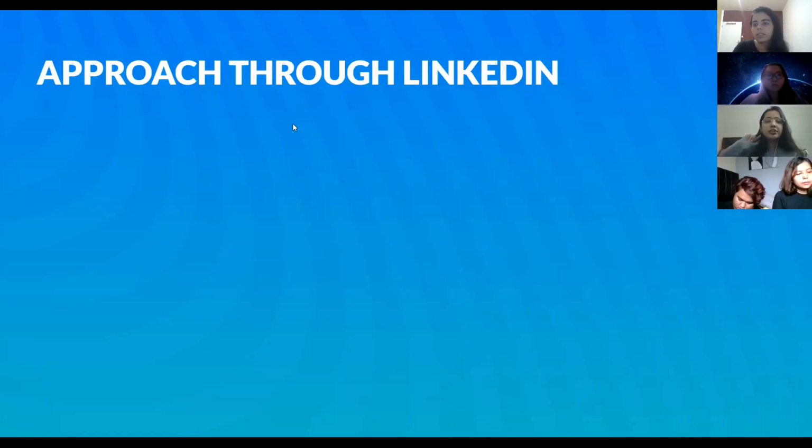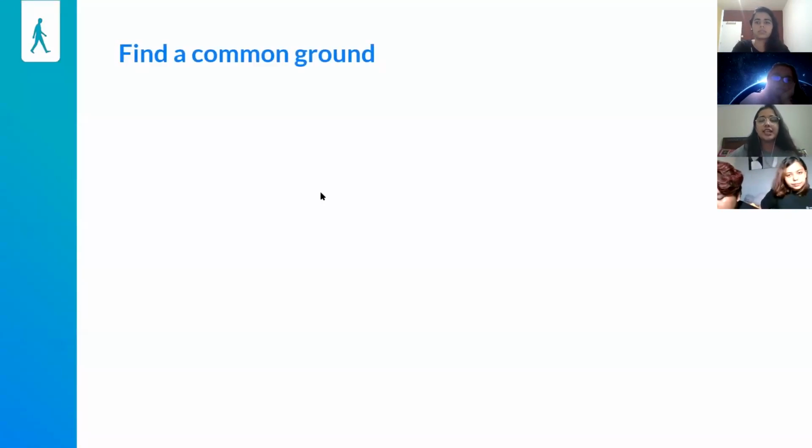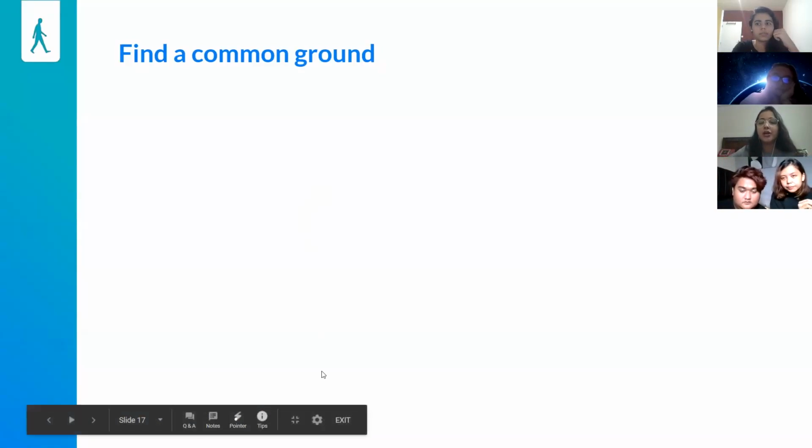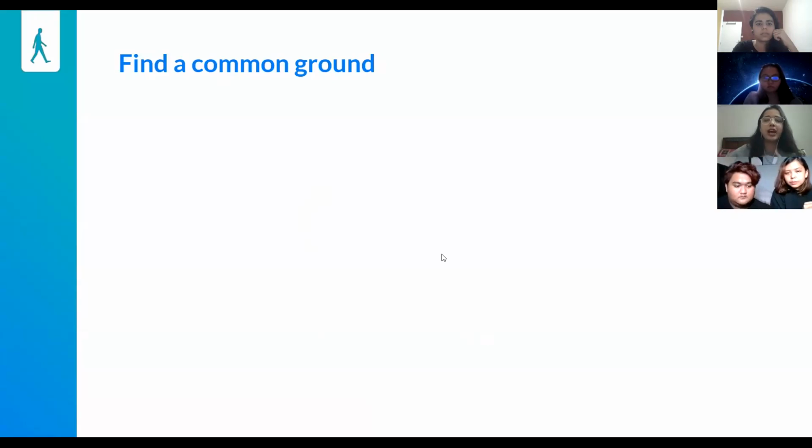Perfect. Generally, everybody has a very different approach to how they talk to a person through LinkedIn. We're going to talk about a very specific approach. People who have a common ground with you, people you share a common value or a similar vision with, are always going to be more receptive and more attracted to what you have to say.